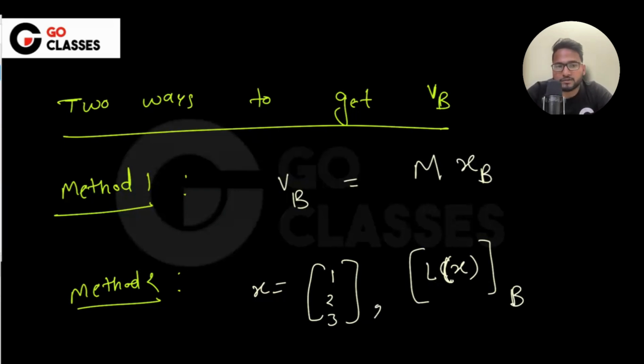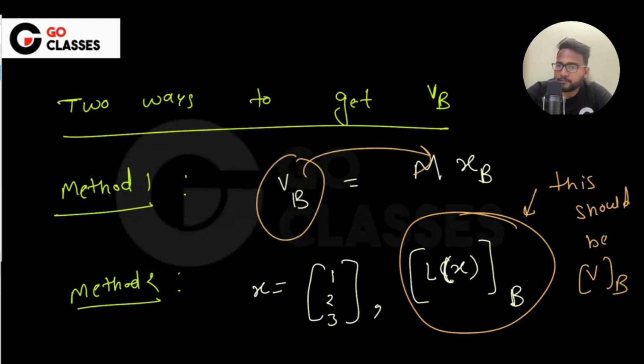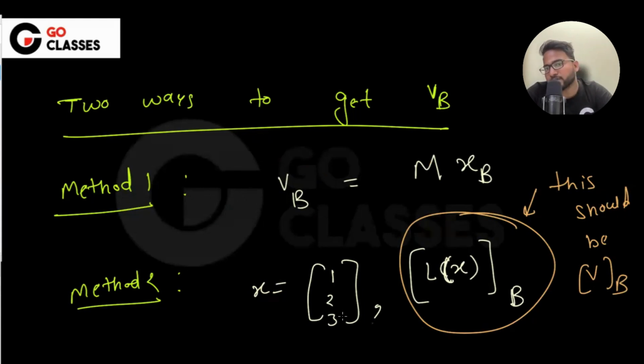This should be the same as V of B. Basically, you find V of B using this M. This is one way. Another way is that if you have x, you find the transformation, and then ultimately you want the transformed vector in the basis B. So you find the coordinates of the transformed vector in the basis B, and this should be the same as this V of B.